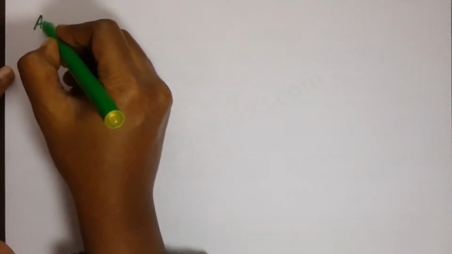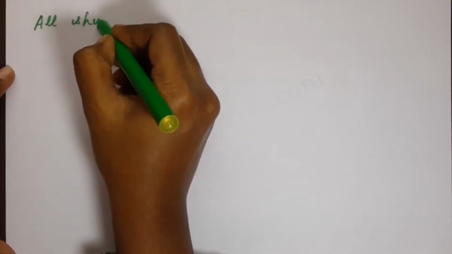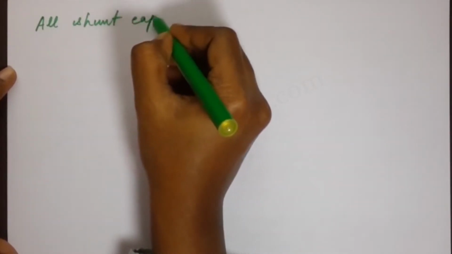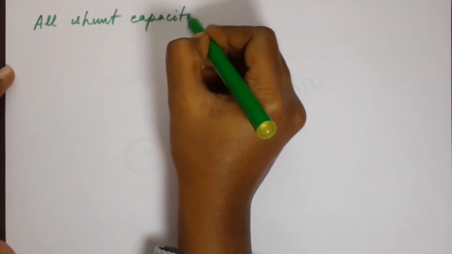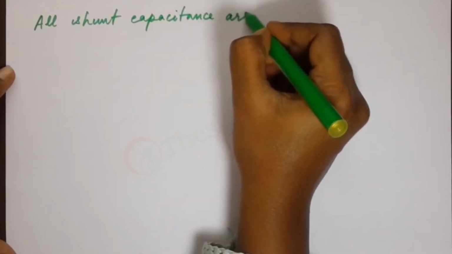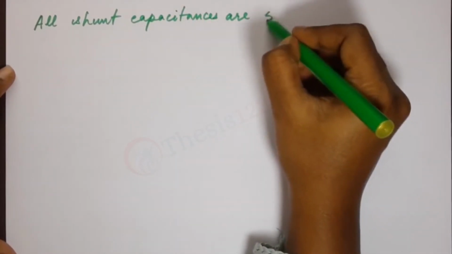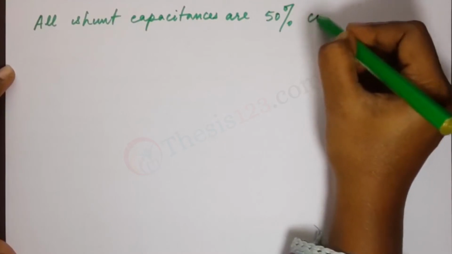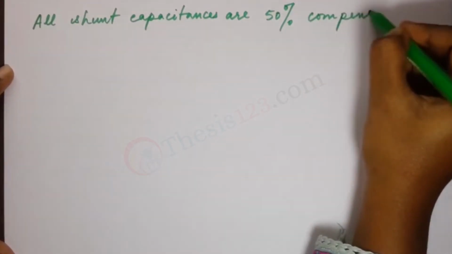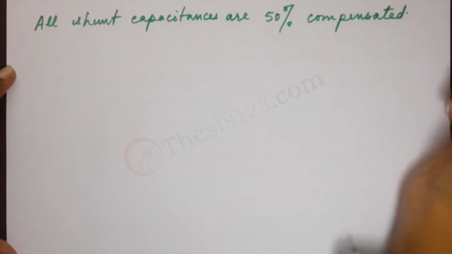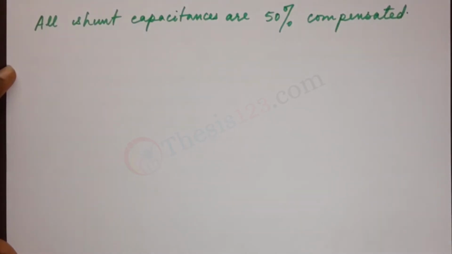So let me write that down here: all shunt capacitances are 50% compensated, meaning 50% reduced.